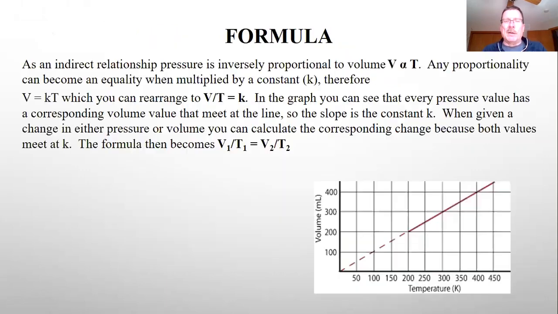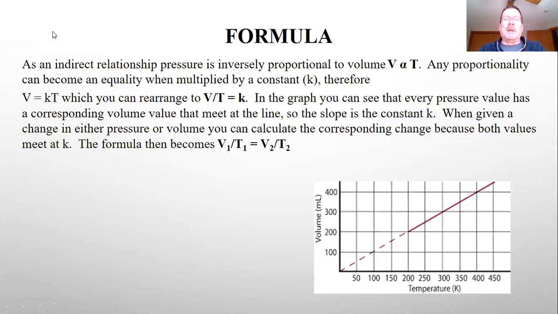All right. Formula time again. Volume is directly proportional to the temperature. Make an equation: you multiply by that constant. What's that constant? The slope of the line right there. Then I can rearrange it and get the constant by itself, so that if I have two constants equal, then the two parts are equal.